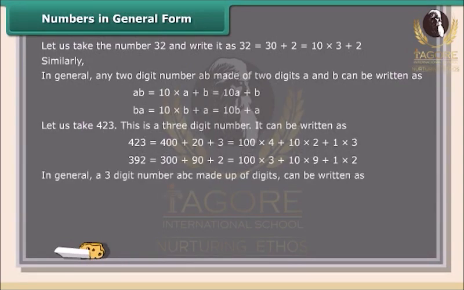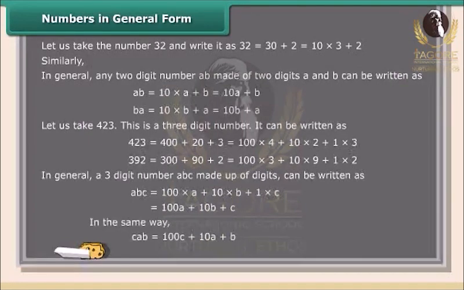In general, a three-digit number ABC made up of digits can be written as ABC is equal to 100 into A plus 10 into B plus 1 into C, which is 100A plus 10B plus C. In the same way, CAB is equal to 100C plus 10A plus B, and BCA is equal to 100B plus 10C plus A.